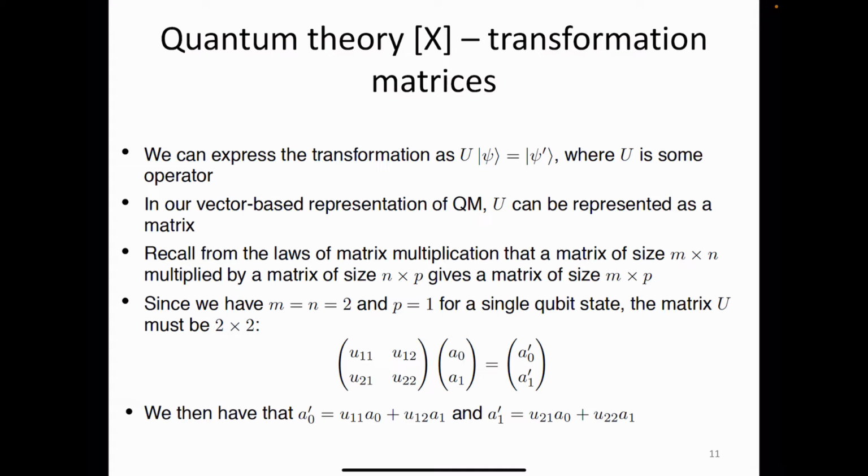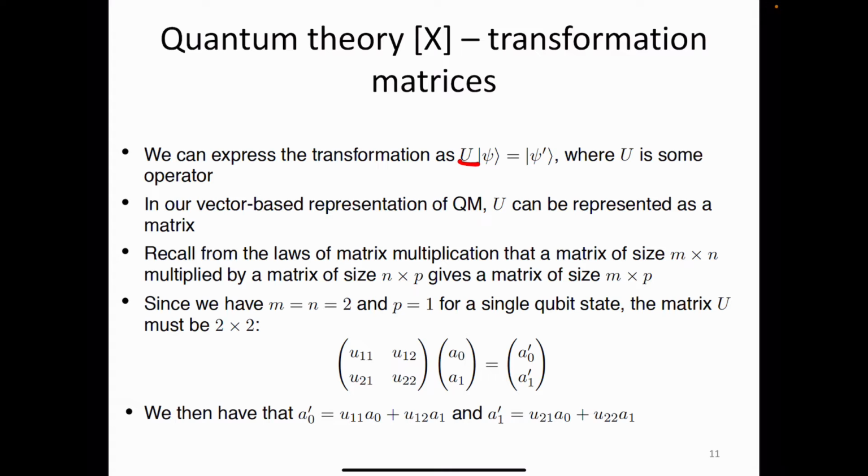How you apply such a transformation is the question now. You apply unitary transformations, represented by matrices, where U is some kind of operator. In that case, we get a new state, which means different probability amplitudes, by applying the operator U. In our vector-based representation of quantum mechanics, U can be represented as a matrix.